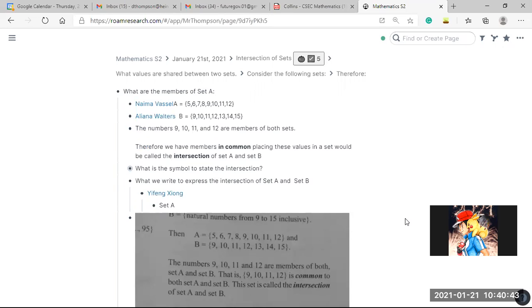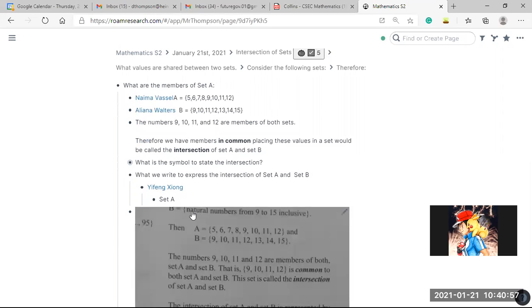Just take me through the steps now. We would say set A or just A. And what would you put between A and B? The intersection sign. Right, intersection sign. And then we would say it's equal to, curly bracket, right?